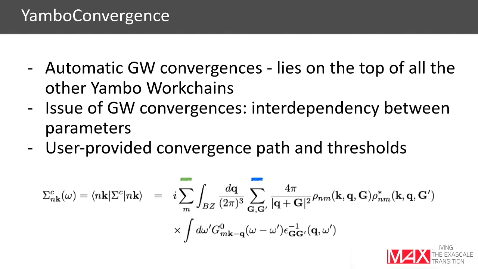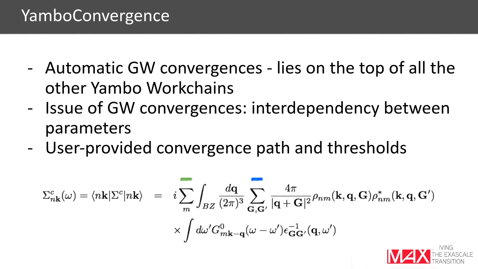This is a fundamental task in a GW calculation, as with respect to DFT, here we have a lot of parameters involved that can also be interdependent, so it is mandatory to converge them in a proper way in order to have a correct result on the quasi-particle correction. The goal of this work chain is to automatize the process of convergence over a given number of parameters that usually require a lot of time to be done manually.